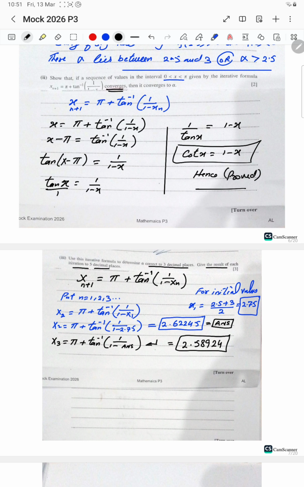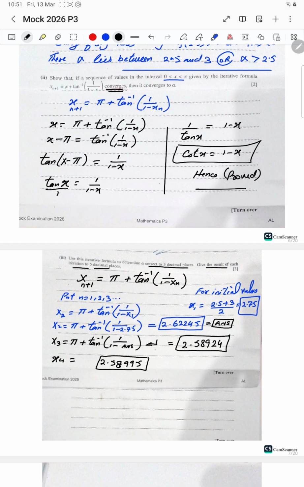This is the next value. Now there is no need to re-enter it, just press equal again on the calculator. We will get 2.57958.